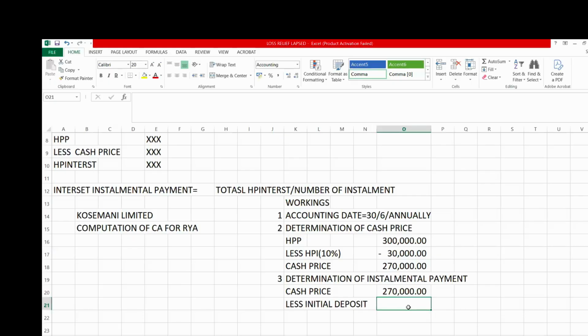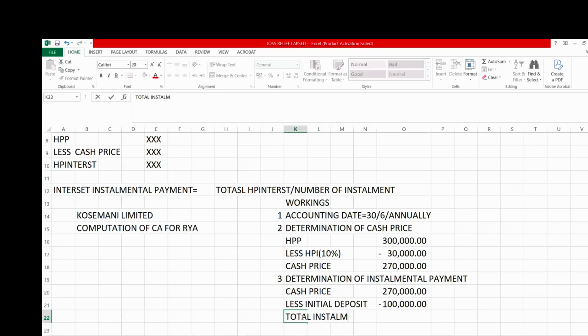So the total installments will be the cash price minus the initial deposit, which is 170,000. So in all, the installment payment to be paid is 170,000. We need to get how much the amount per installment is.